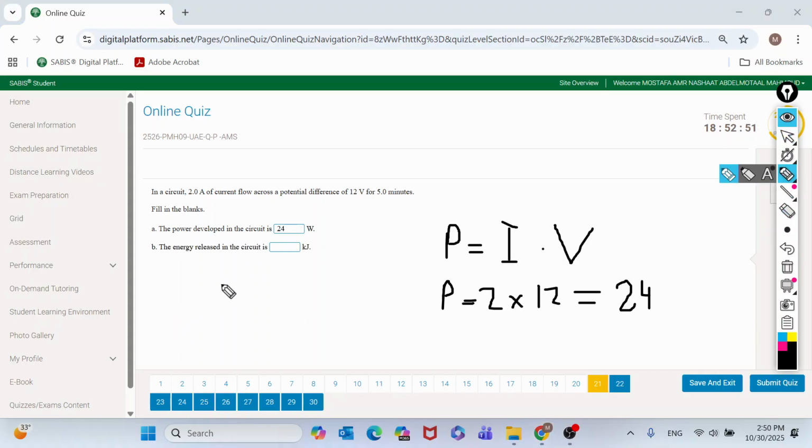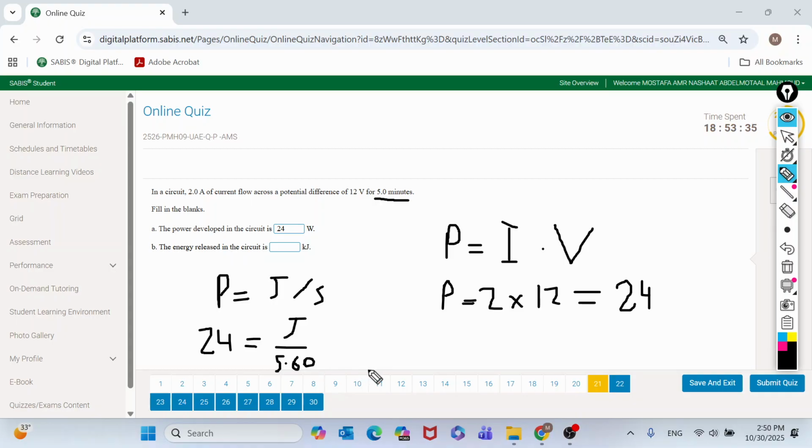Okay, now guys, you know power is joules per second, yeah. And they gave us 5 minutes. So how many seconds is that? We can do it on your calculator. So P is 24. It's equal to joules over 5 times 60 seconds.